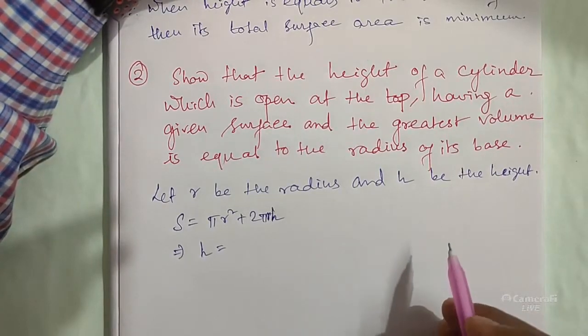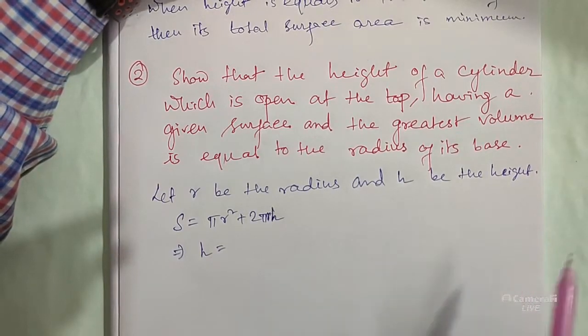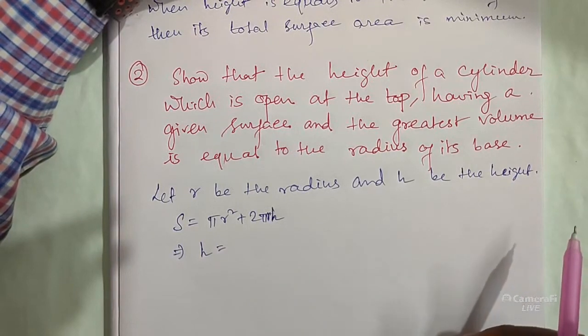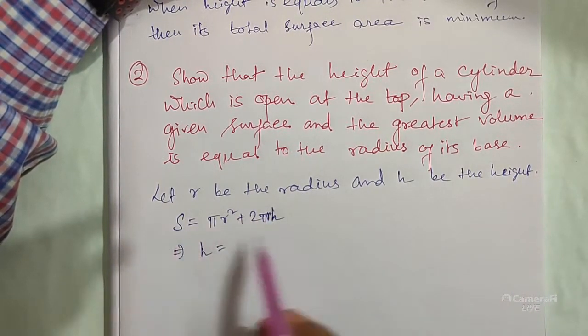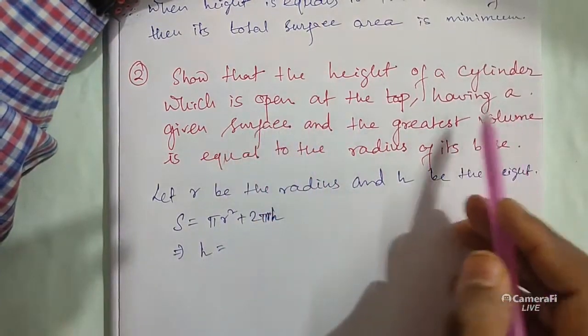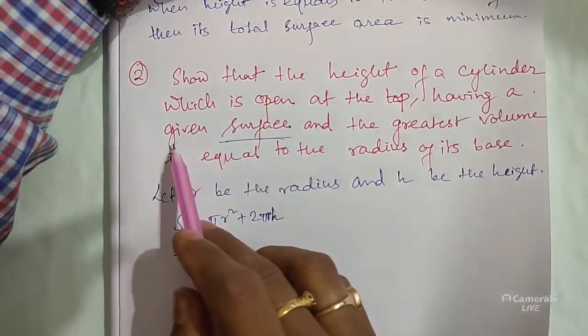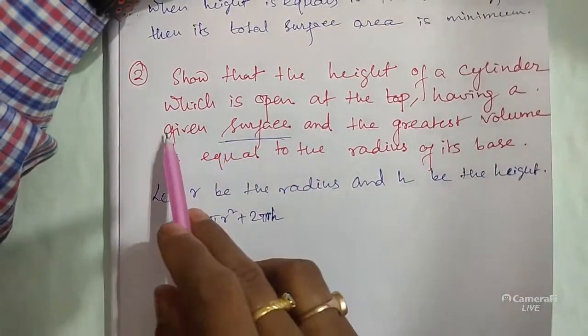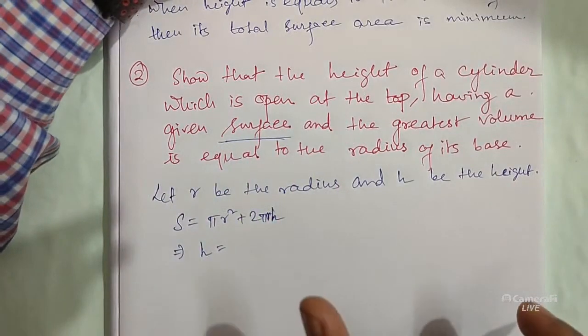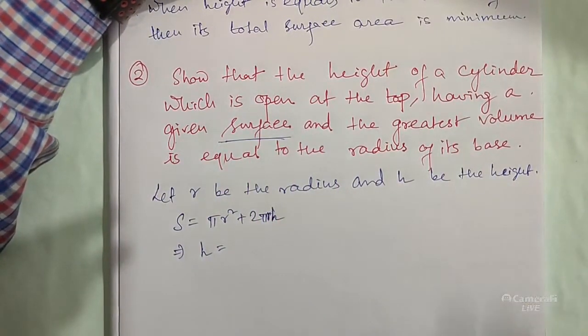Now from that V we have two variables R and H. That means either R or H we have to replace. So from this condition we are getting the value of H, and here it is given that the surface area is given. Surface area given means whatever is written in the question as given, we will treat as a constant term.